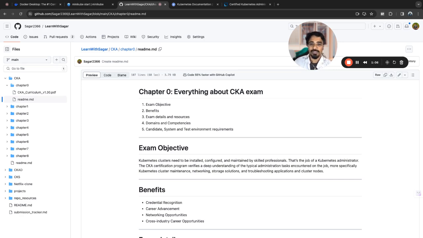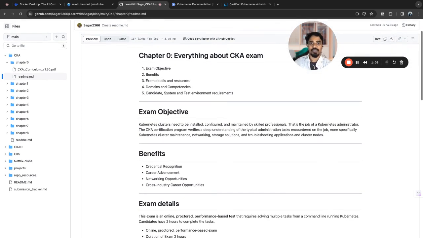The CKA certification program verifies you have a deep understanding of the typical administration tasks related to Kubernetes cluster, and you should be able to maintain a Kubernetes cluster, the networking part, the storage solutions, and you should be able to troubleshoot issues at the cluster level, at the node level, at the application level. Okay, so that's the exam objective.